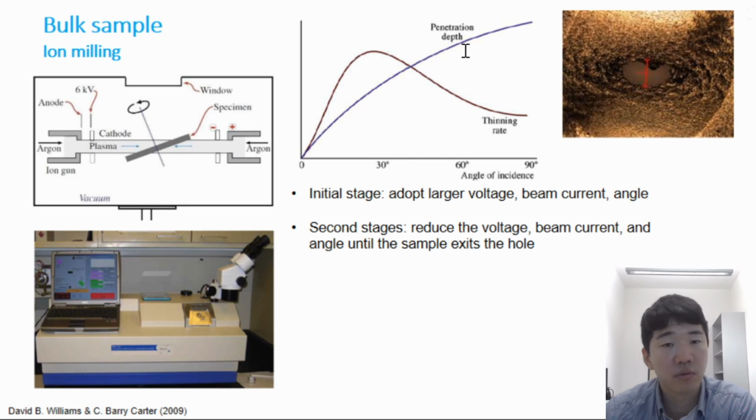You should write down the beam current, angle of incidence, rotation rate, acceleration voltage, and so on. We need to always be aware of possible artifacts like ion implantation and beam damage. So it is usually recommended to use gradually decreasing voltage in the final thinning process to reduce the surface damage.